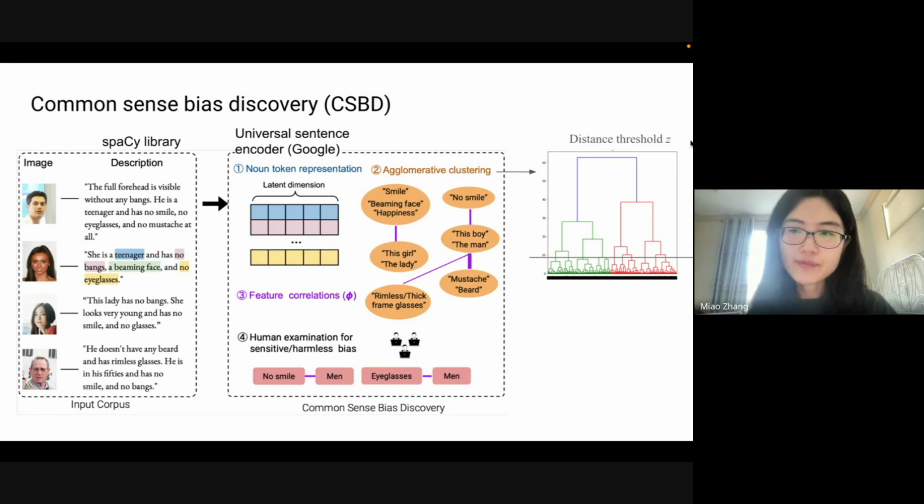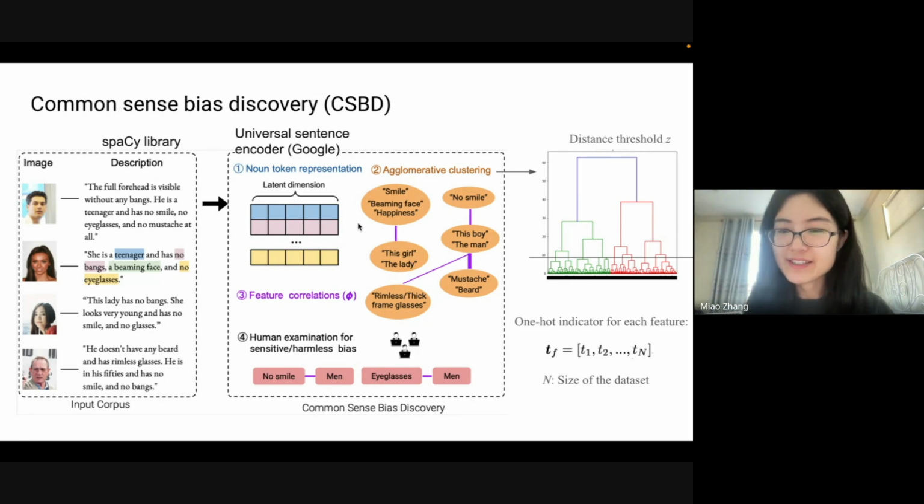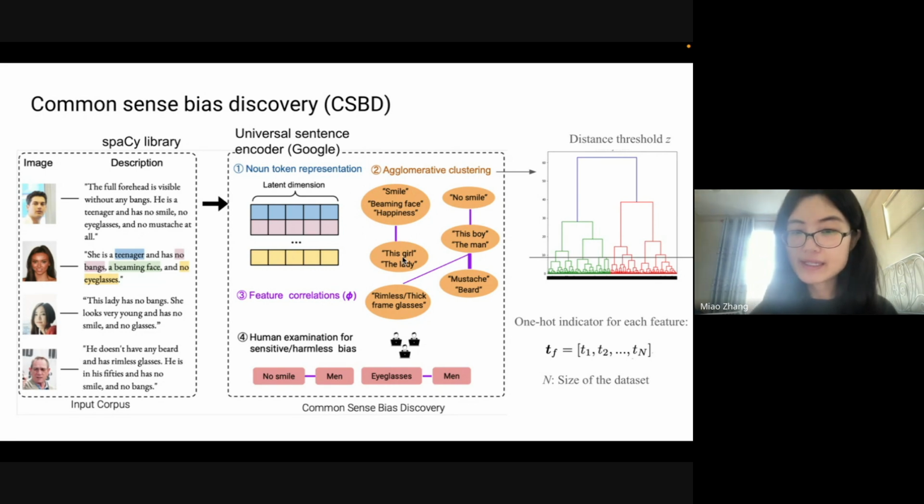This threshold parameter is tunable, and we also perform sensitivity analysis on it. It should be tuned for different datasets. So here we obtain a list of clusters including semantically similar phrases, and this can be easily linked back to the original samples or captions.